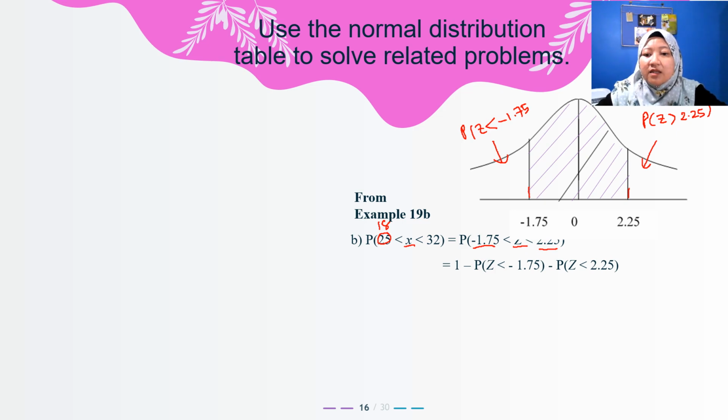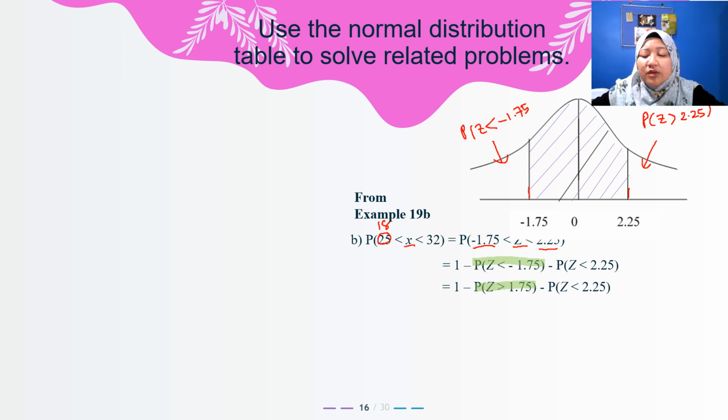Okay, tetapi tadi kita dah bincang bahawa Z less than negative 1.75, this area is equivalent to Z greater than 1.75. So, kita bila nak baca table, mesti menukarkan simbol less than kepada simbol greater than.